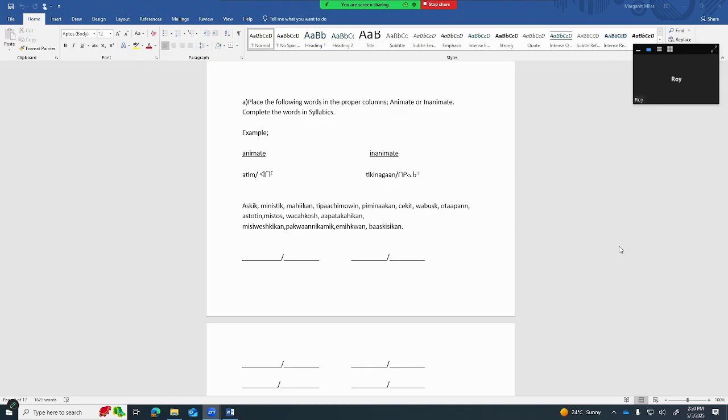Inanimate word: tikinagan. So there's two columns. You put the words into the animate and inanimate columns. The words are taken from the list that we just did.